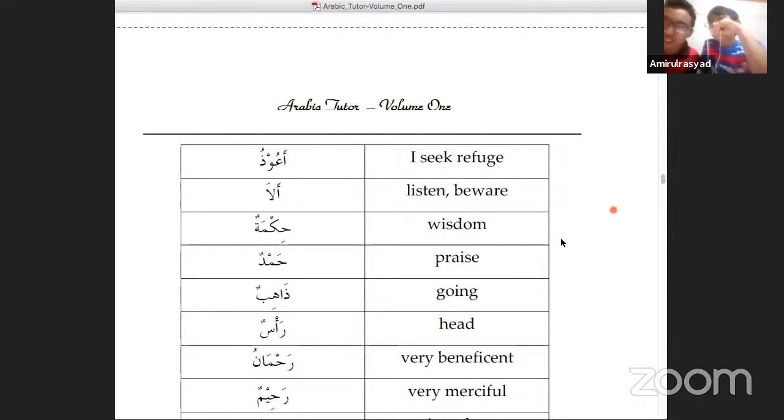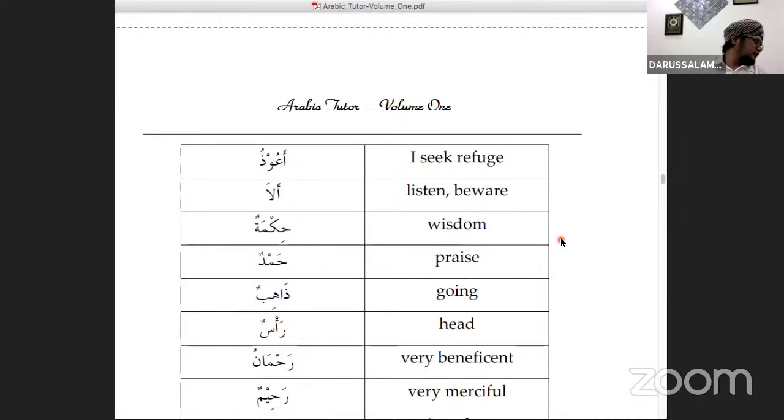Good. Allah. Listen, beware. Ala. Listen, beware. What wisdom? Oh, wisdom.